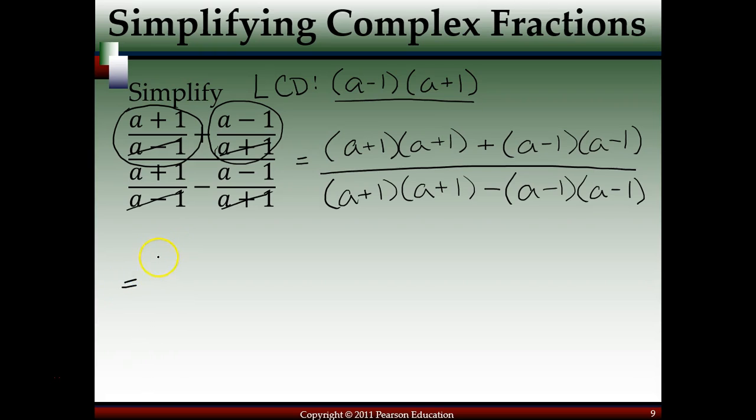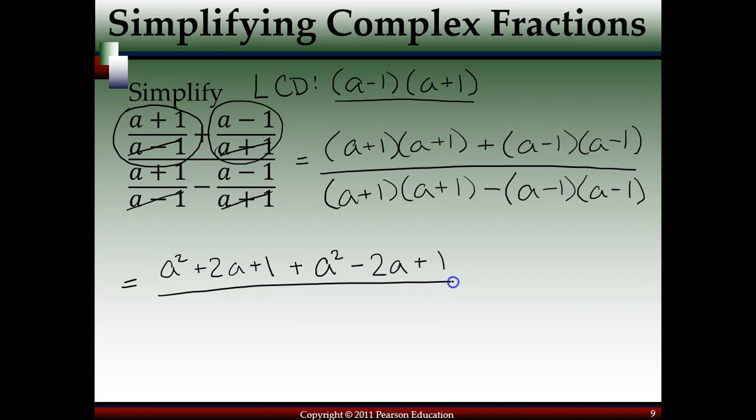A plus 1 times a plus 1, a squared plus 2a plus 1, then plus a minus 1 times a minus 1, we get a squared minus 2a plus 1.